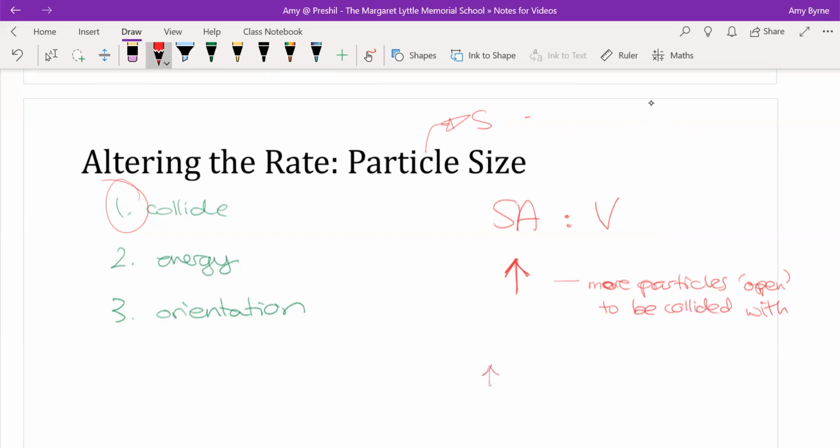If I increase the size of my particles, I am in effect decreasing the available surface area.